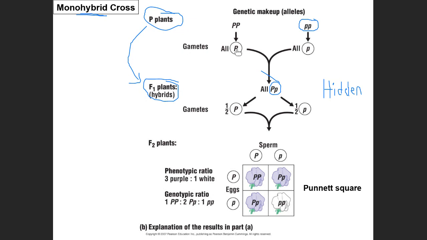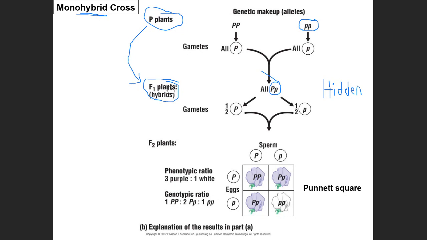So notice, for the alleles for flower color in pea plants, since purple flower color is the dominant type, we use the uppercase P allele to represent the dominant phenotype, purple flower color. And we use the lowercase letter from this dominant phenotype, lowercase p, to represent the recessive allele.